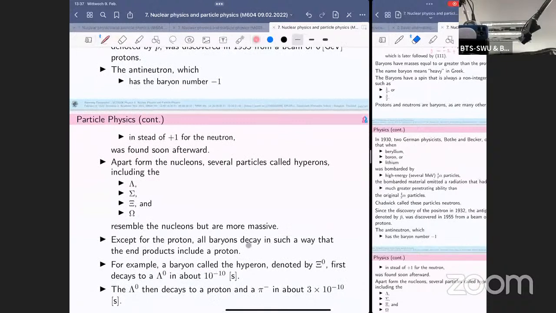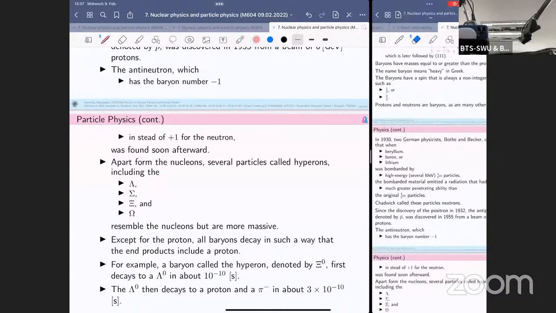Except for the proton, all baryons decay in such a way that the end product includes a proton. All baryons will decay into proton.